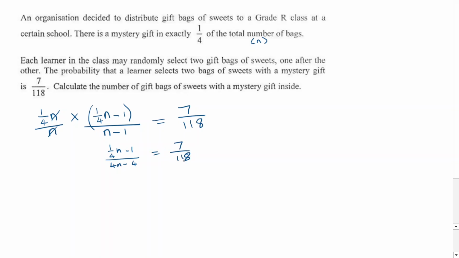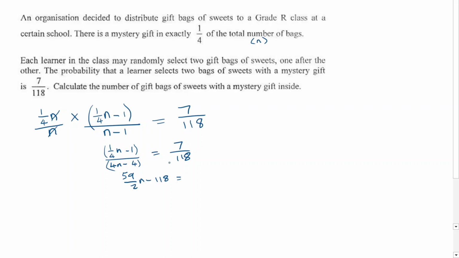Then if you want to get further, you could times the LCD up, so the 118 will go up here, and the 4n in brackets minus 4 will times by the 7, and that will give you an answer of 59 over 2n minus 118.